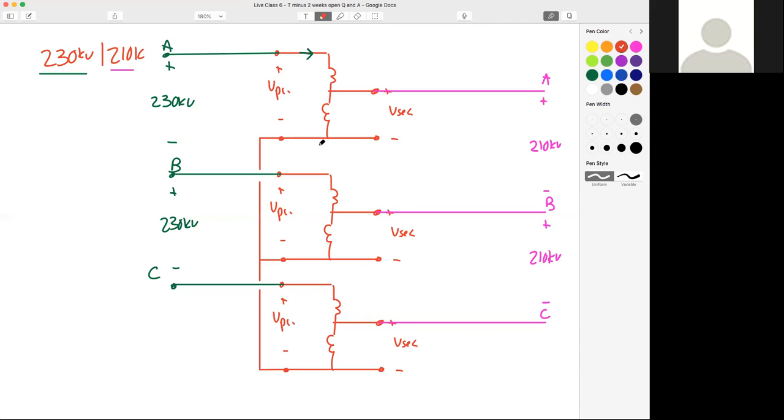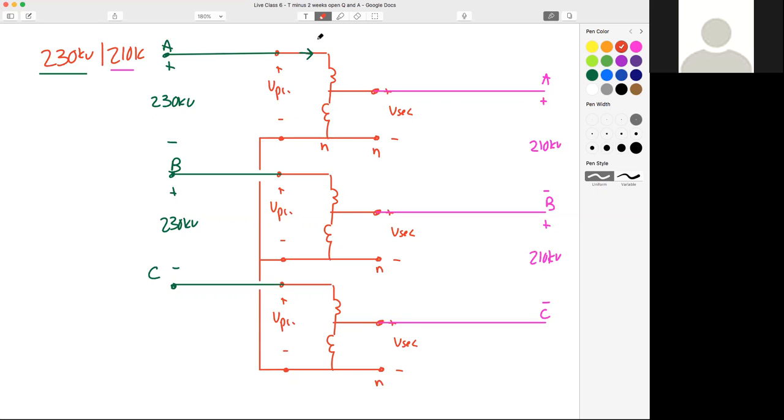We don't care about having a phase voltage. Even if that's the case, we still need the neutrals of the auto transformers connected in order to properly either step up or step down our voltage. So even though we're not using the neutral on this side, guess what? It's still connected and still there.